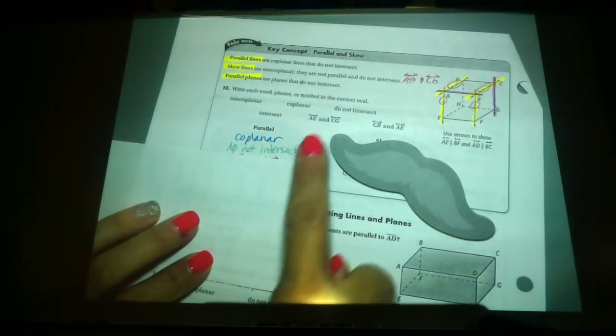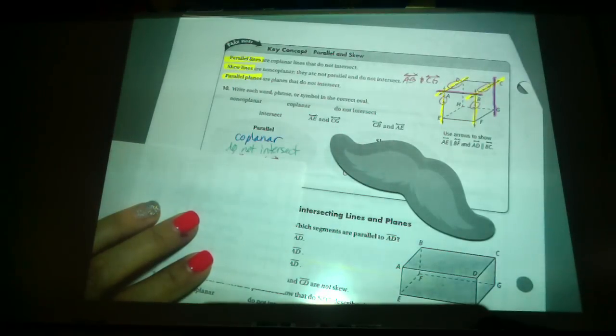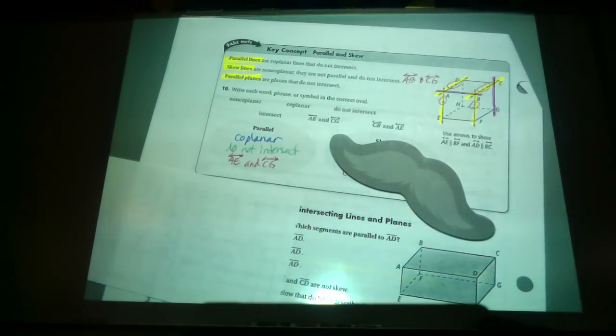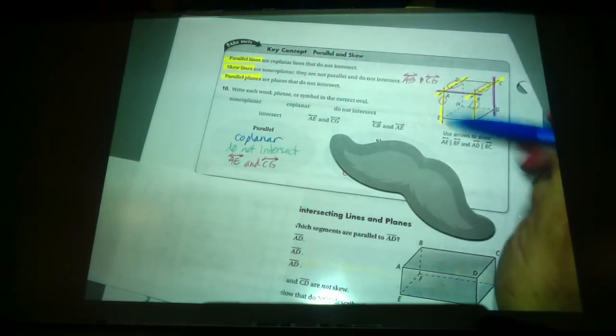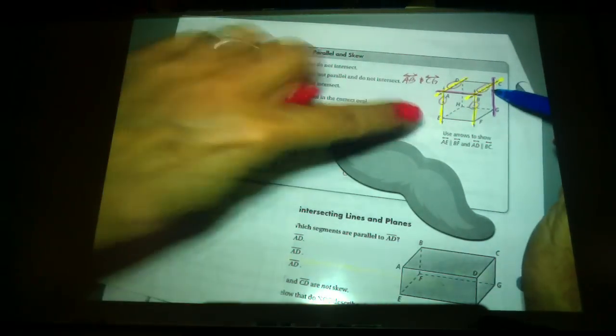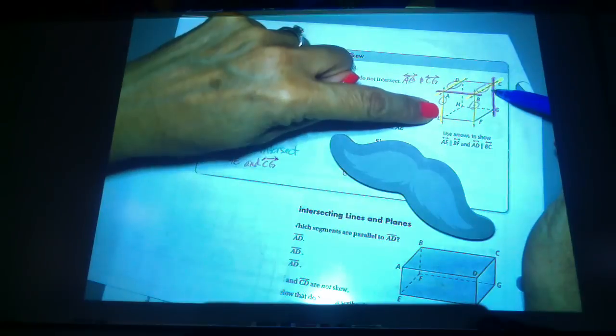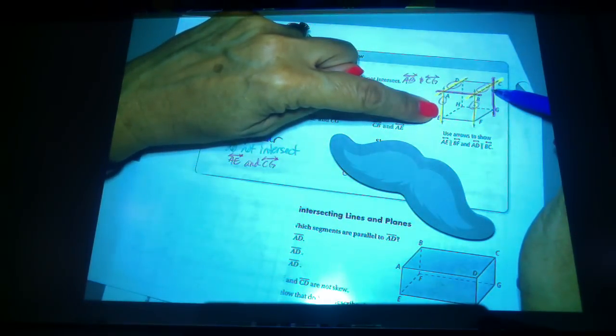The first set or the second set? The first set, right? AE and CG, but look at where AE is and CG is. I'm going to use a color here. AE is right here and CG is right here. They're on diagonal corners to each other, aren't they? Those aren't in the same plane, are they?